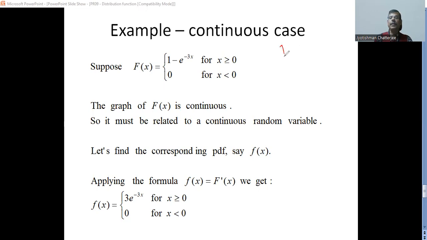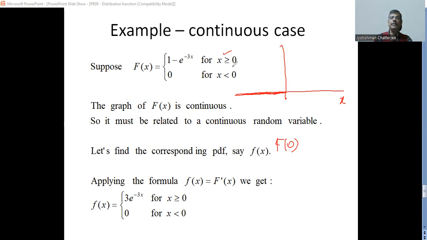So the graph looks like this. For x less than 0, it's coming like this. And for x greater than or equal to 0, by the way, for x equal to 0, how much is capital F(0)?